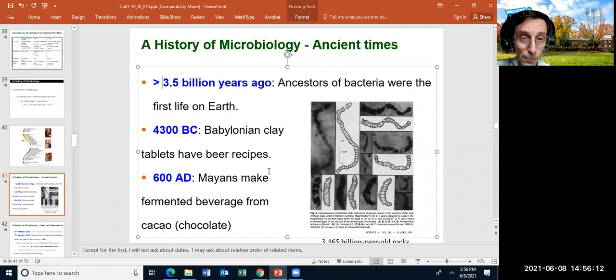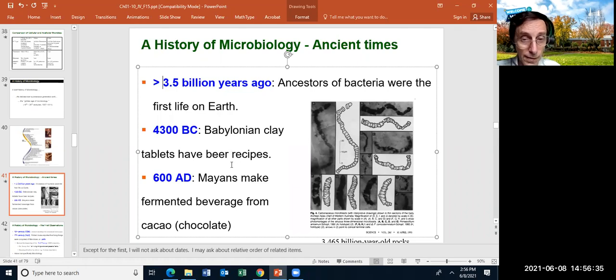And so this is an important event, the first writing that we know of that was discussing microbiology. Although the Babylonians didn't know it because they couldn't see the microbes. Their recipes involved making beer, which would use microbes.